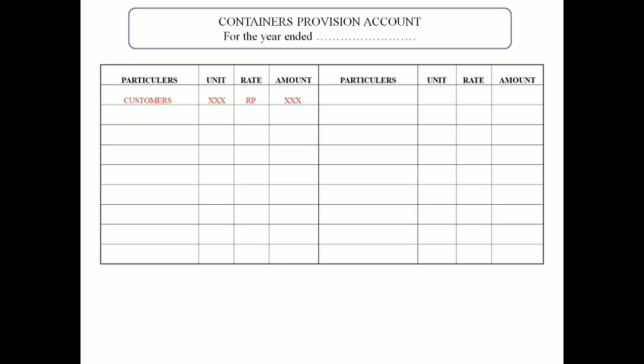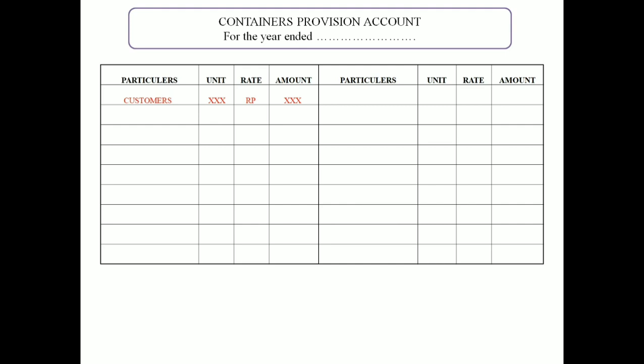Let us see the next account, container provision account or reserve account or deposit account. This is the format of a container provision account, reserve account or deposit account. On the debit side, there is a term called customers. It's actually the return.